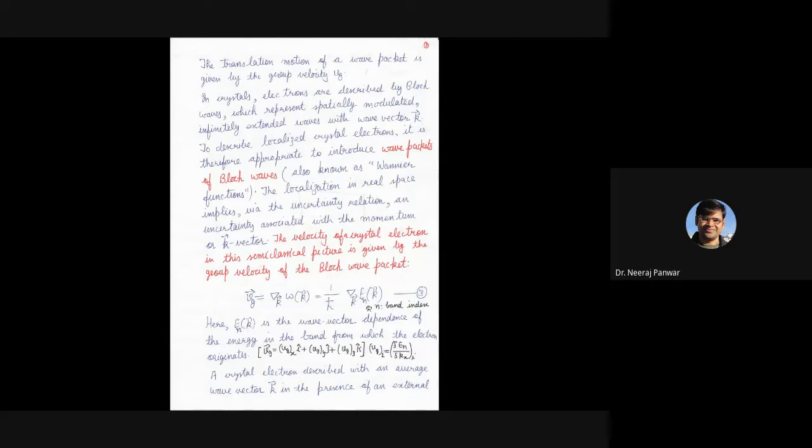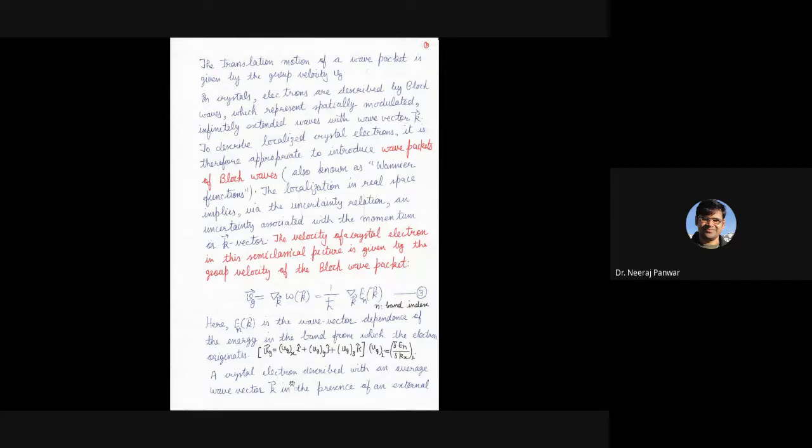We need to be very precise that we are talking about the electron energy in the first band, second band, third band, or any other band. So we put the n index, which represents the band where the electron is. The energy of the electron depends upon the wave vector, and so does the group velocity. It is the three-dimensional case, so it can have three components: along the x direction, the y direction, and the z direction.